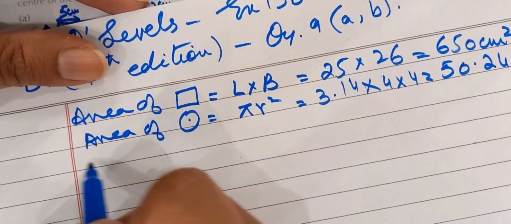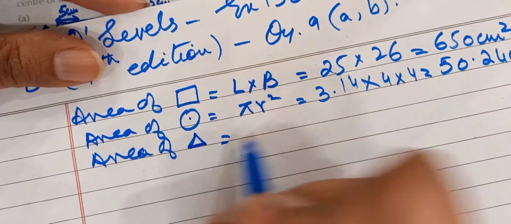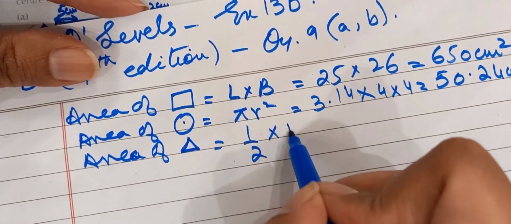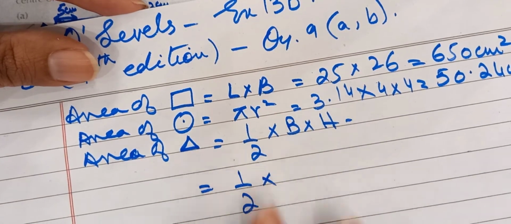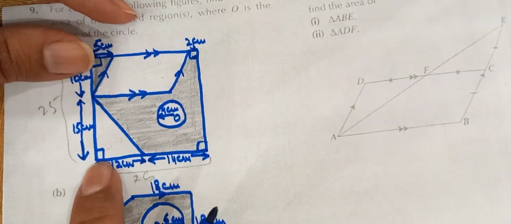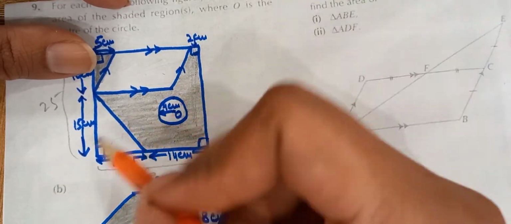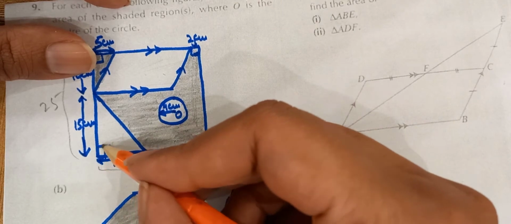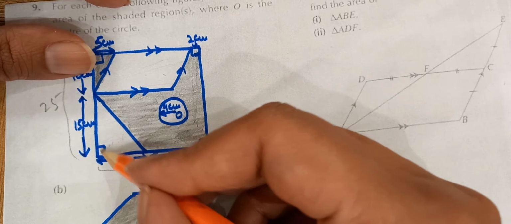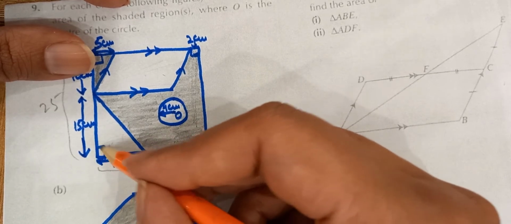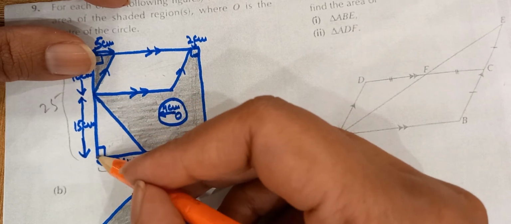Area of triangle is equal to 1 by 2 into base into height. In this triangle, as I have already told you, whenever this symbol is joining two lines, it means it is a 90-degree angle, so it automatically becomes the height.